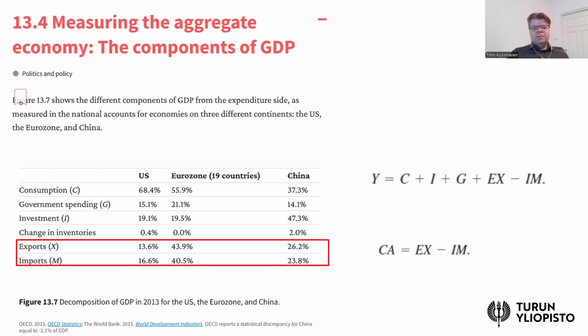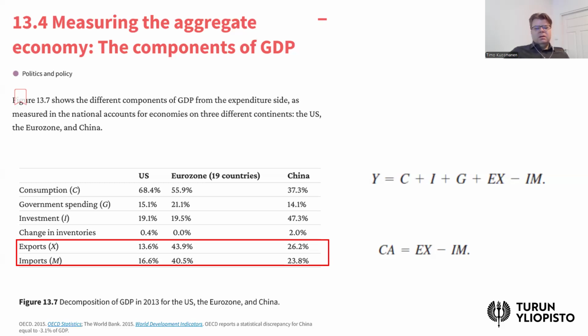Perhaps it's also interesting, from the empirical perspective, to look at the composition of GDP in the USA, Eurozone, and China. These figures relate to the year 2013, but the situation has been similar since then.